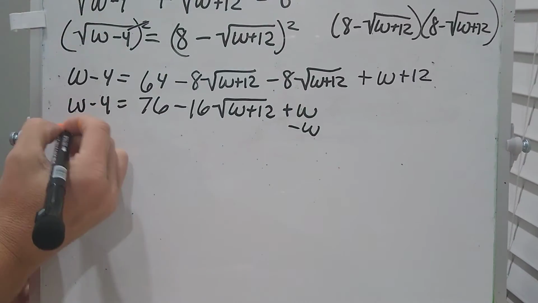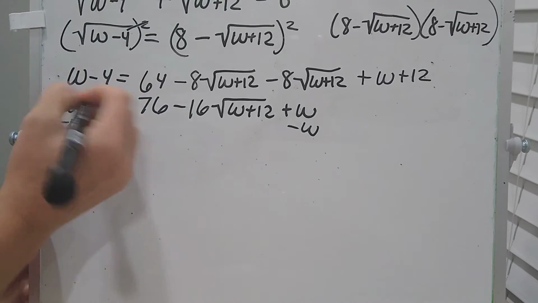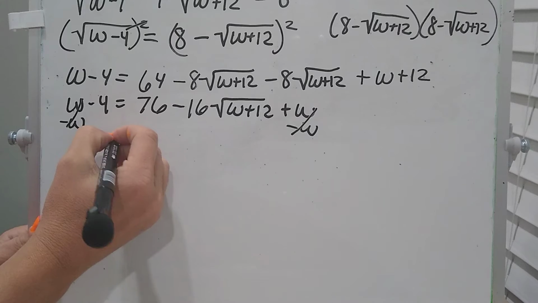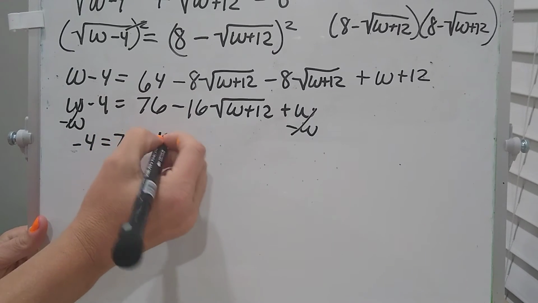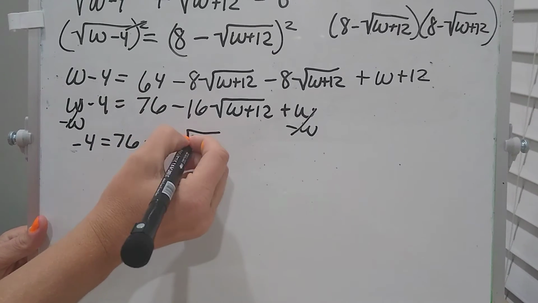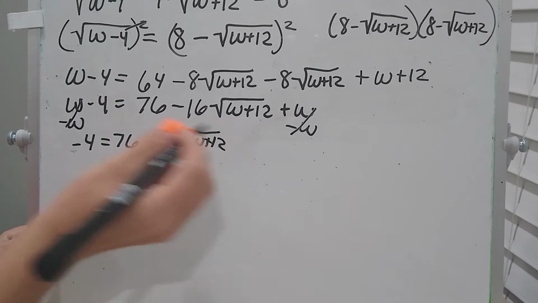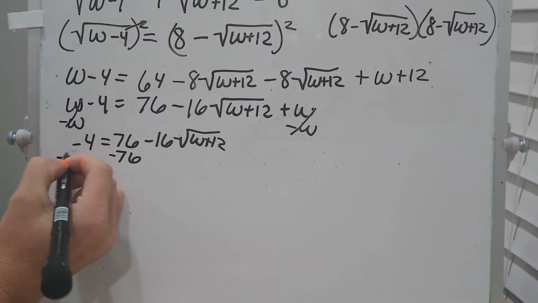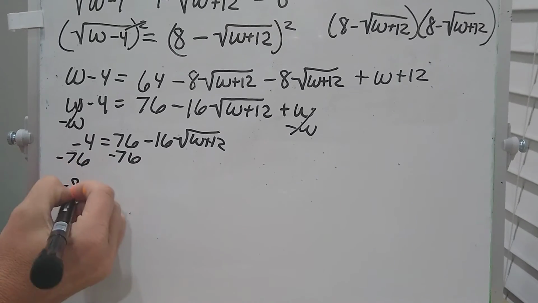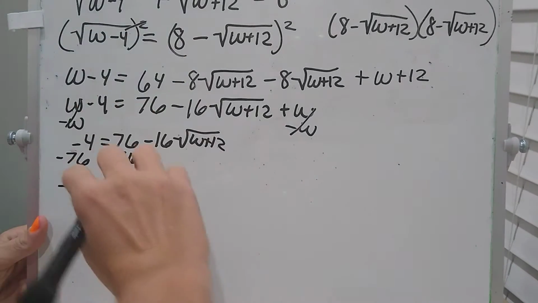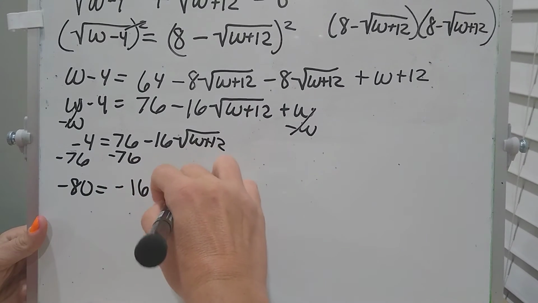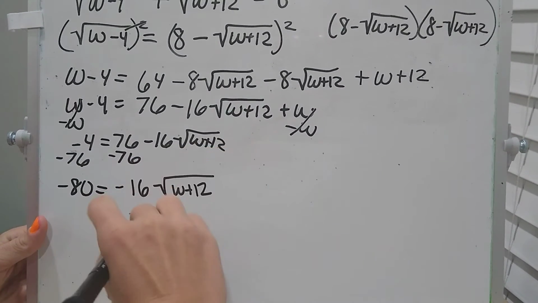Take away the w, they cancel out on both sides. So we've got negative 4 equals 76 minus 16 times the square root of w plus 12. Bring over 76. So negative 80 equals negative 16 times the square root of w plus 12.